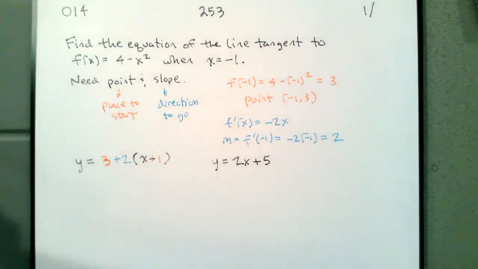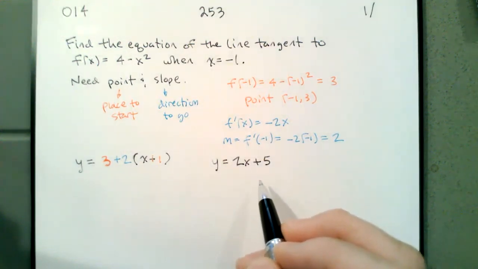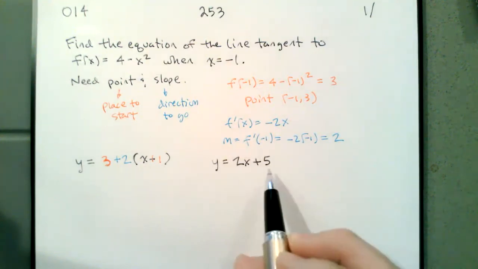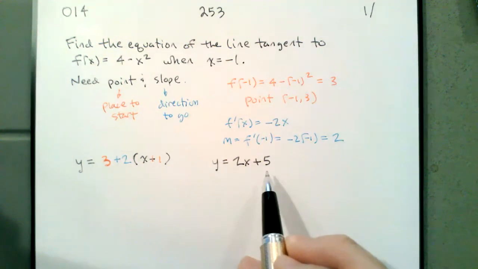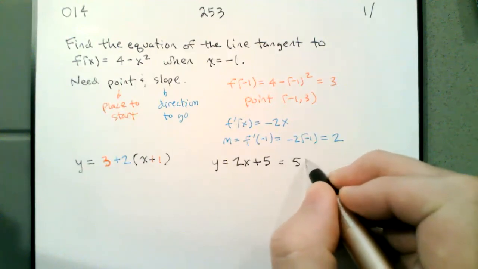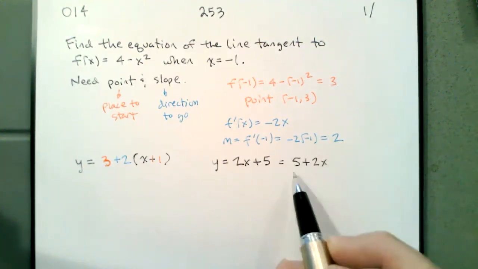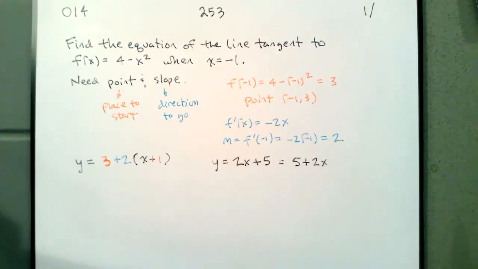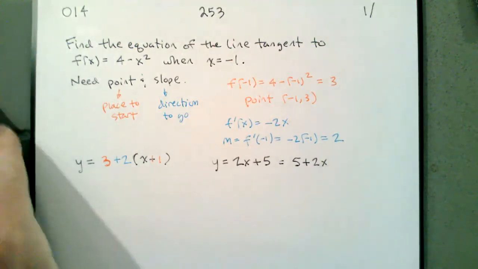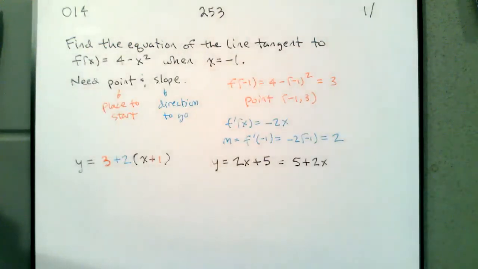But what I really want to emphasize is more about thinking. When we write 2x plus 5, that's the standard way that we write lines, mx plus b. It's exactly the same to write 5 plus 2x, but I think this, reading from left to right, reveals more about how we structure a line. It says start off at 5 and add 2 a bunch of times. That's the way I like to think about this form.